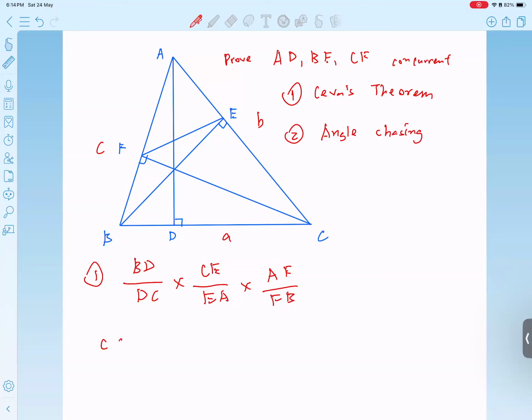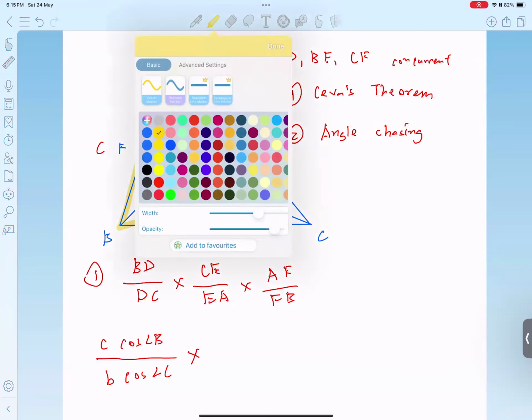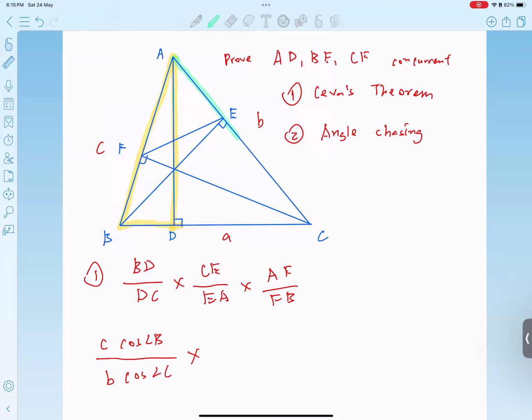BD is c cosine angle B. So in this triangle, DC is b cosine angle C. The cosine, I should say, cosine angle B, b cosine angle C in the other triangle.